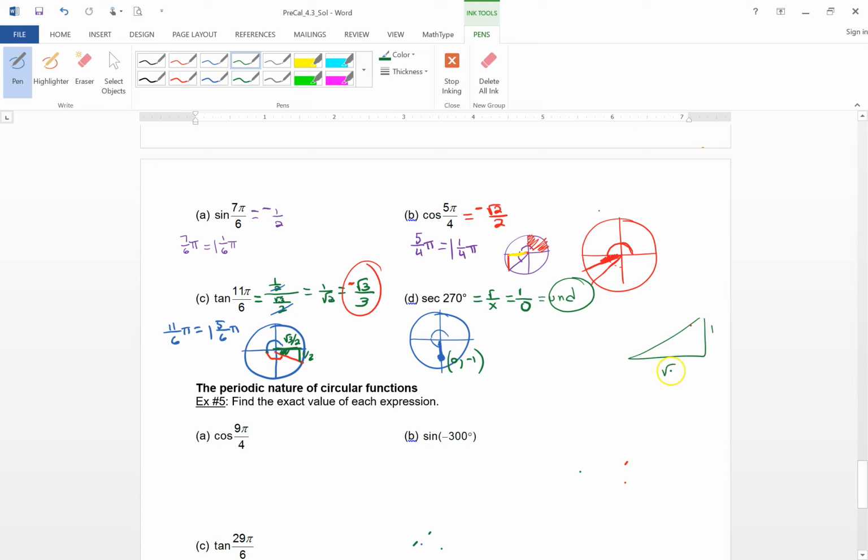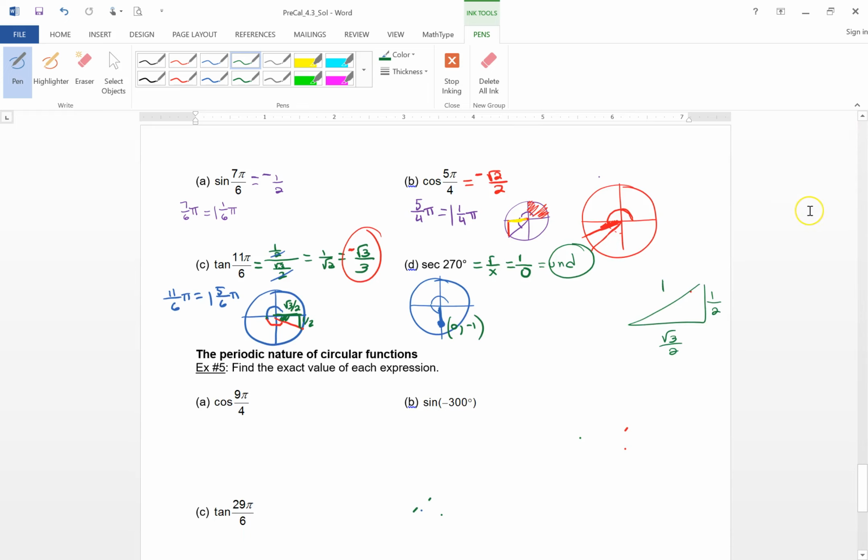It was 1, root 3, and 2, but we said this had to be 1. So we divided everything by 2 for the unit circle. Okay? So now this is 1, this is 1/2, this is root 3 over 2. Okay? We can go over it a little bit more afterwards.